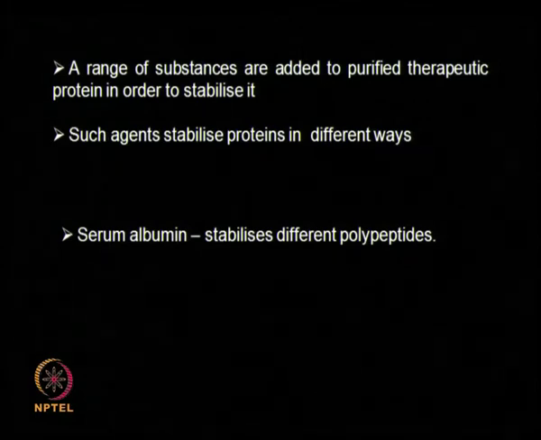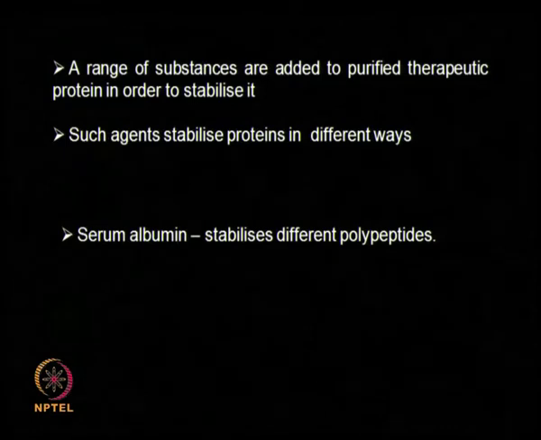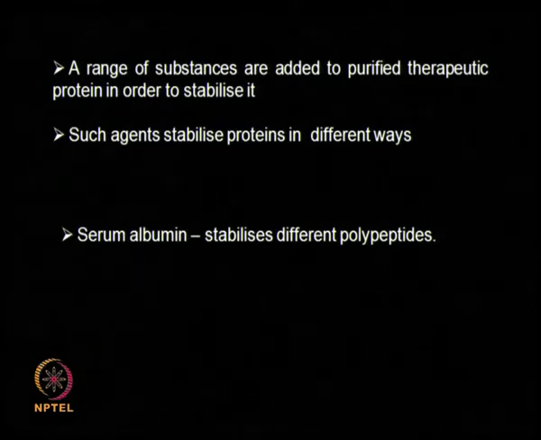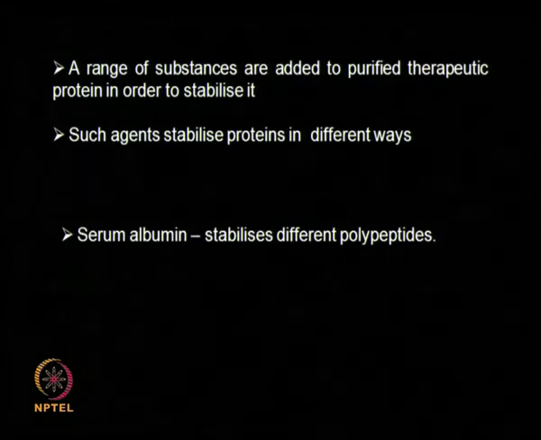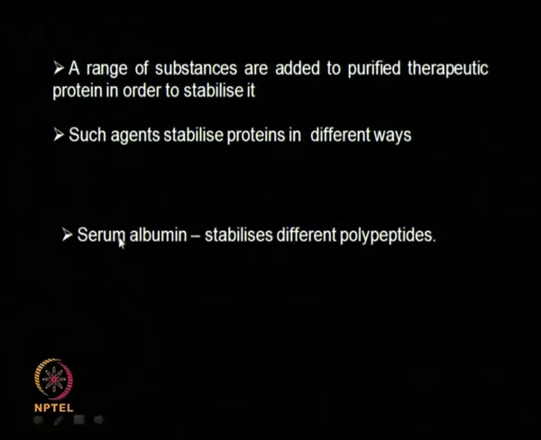For example, if you look at therapeutic proteins, a large number of substances can be added, but the main problem you need to consider is if it is consumed by humans, then the additives which we are adding, which will prevent the inactivation, should also be biocompatible, should also be approved by the Food and Drug Administration, that is very important. Now look at serum albumin.